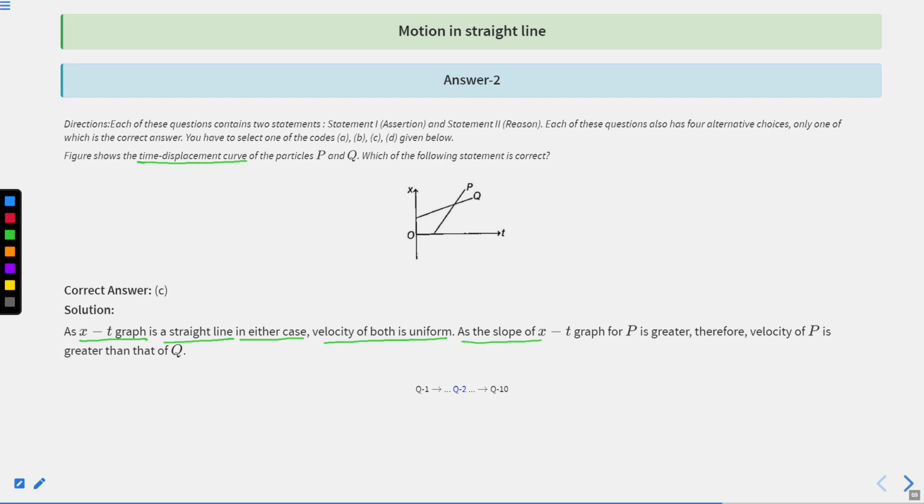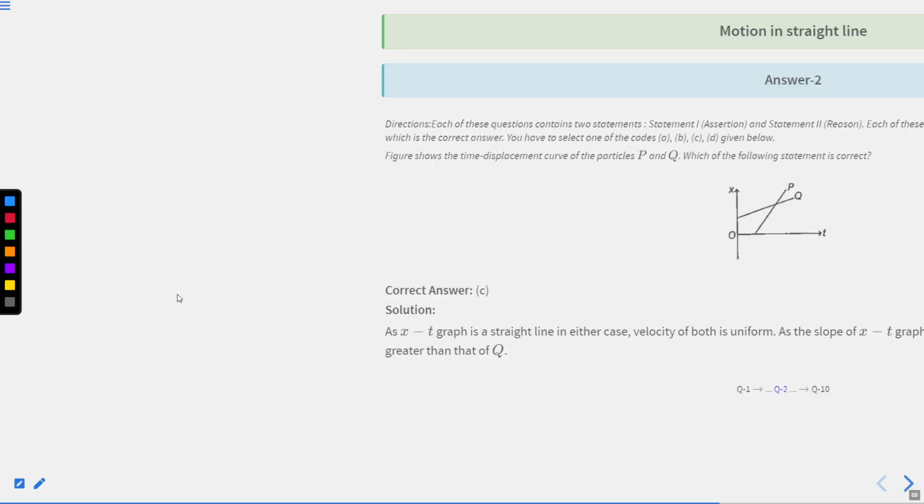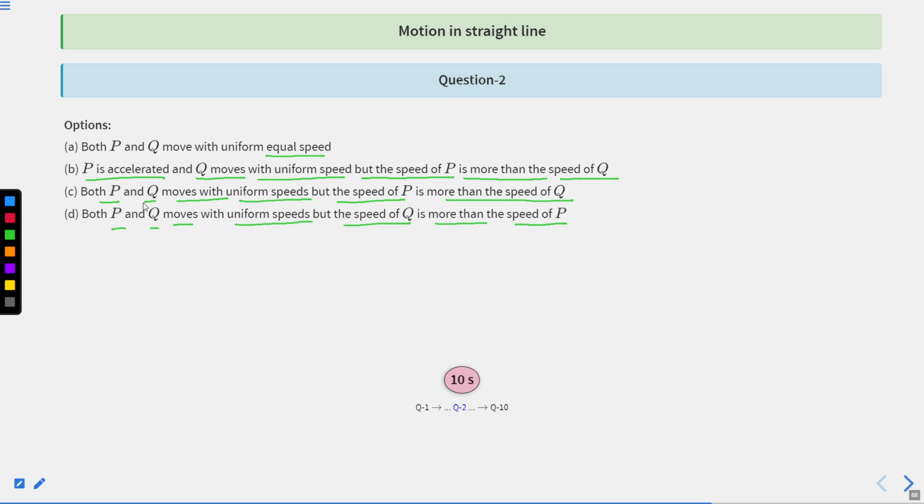As the slope of the x-t graph for P is greater, the velocity of P is greater than Q. The correct answer is C. Both P and Q move with uniform speeds, but the speed of P is more than Q. Clear?